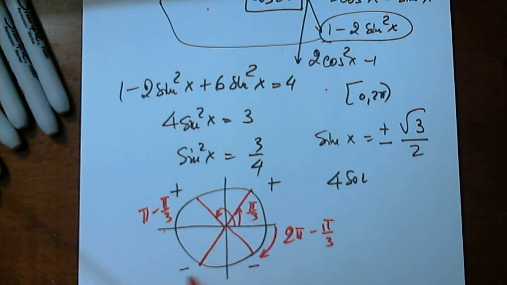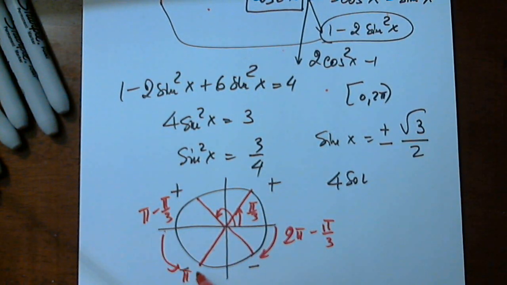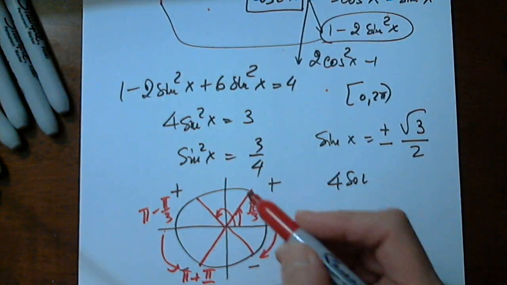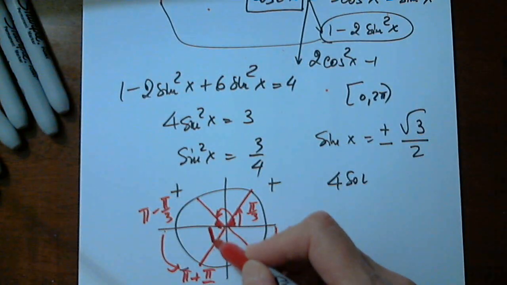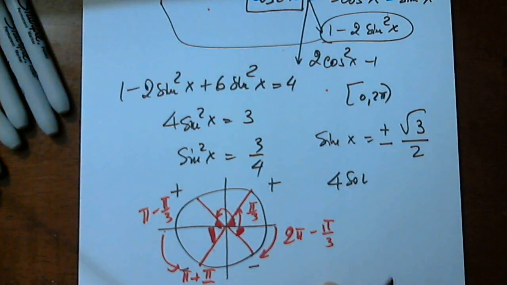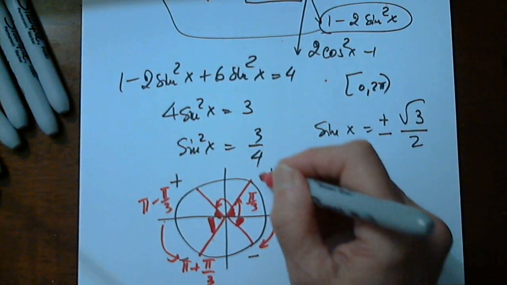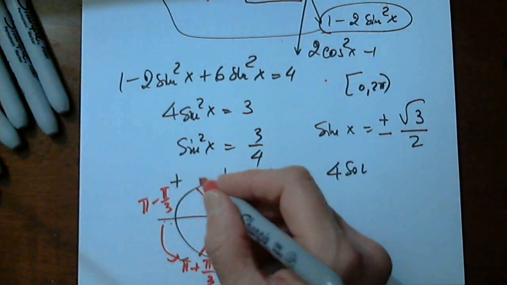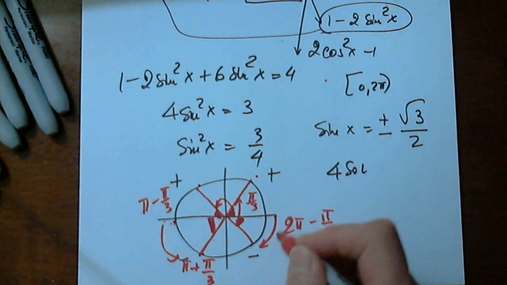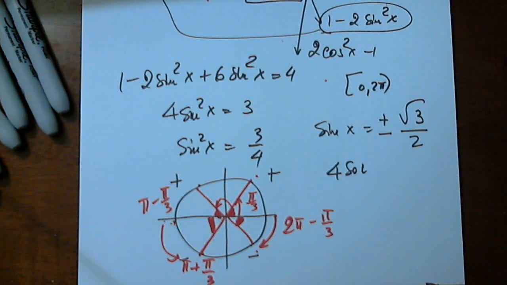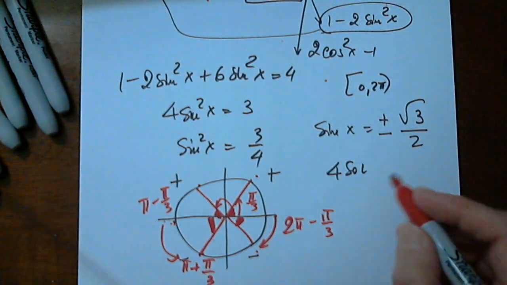And then this angle is pi plus pi over 3. All this piece is pi over 3, this piece is pi over 3, this piece is pi over 3, and this piece is pi over 3. So 0 plus pi over 3, pi minus pi over 3, pi plus pi over 3, 2 pi minus pi over 3. So now let's list them.